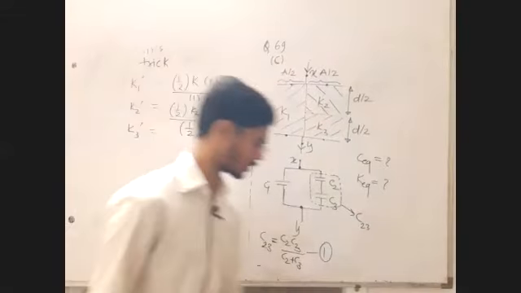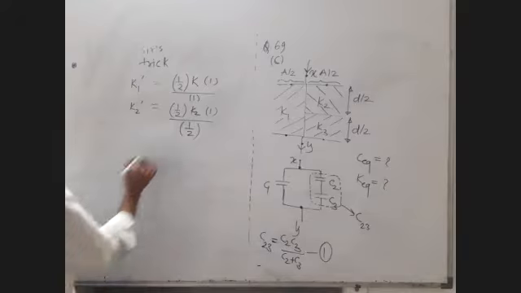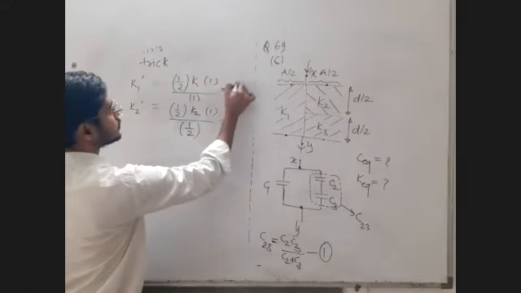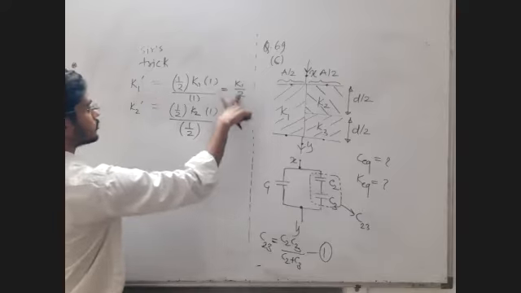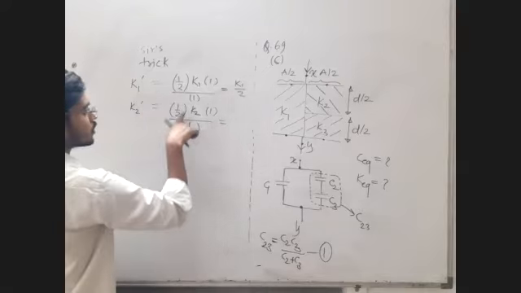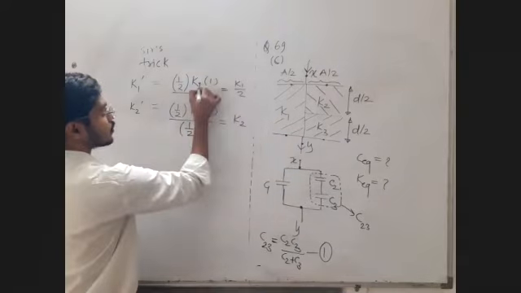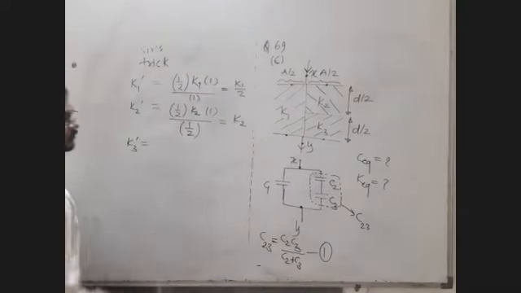D by 2 fraction is 1 by 2. So cancel, cancel. Here K2. So K1 dash is K1 by 2. K2 dash is K2. One half cancels. Right here K1. Now find out K3 dash.